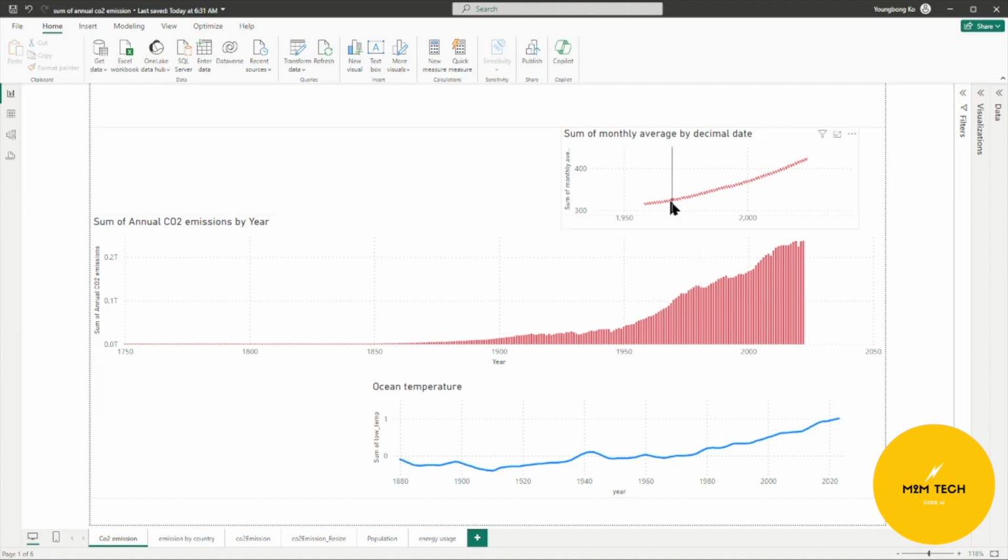So I also took a look at the actual amount of carbon dioxide in the air, and this is the graph. It is also significantly increasing. From 300 to 400, like one third.